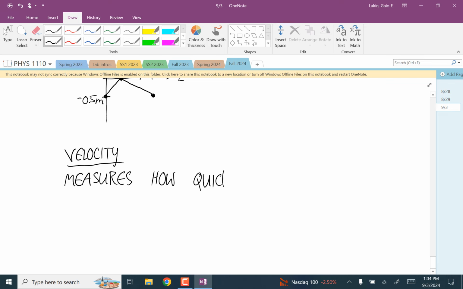And let me actually say it measures how quickly and in what direction the position is changing.